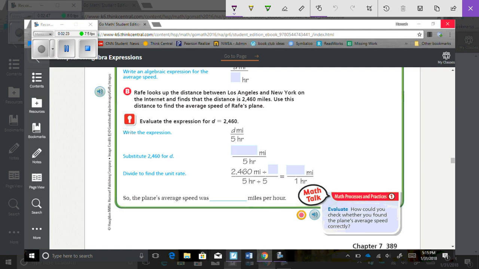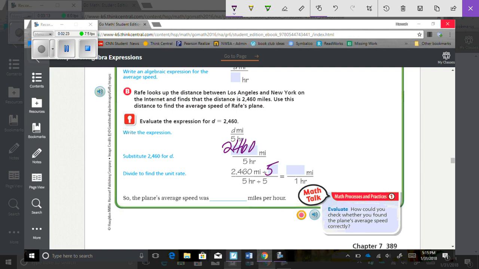So we know now that D equals 2,460 in this particular instance. So write the expression, D miles divided by 5 hours. Now we're going to substitute 2,460 miles for the D. So now we're going to divide to find the unit rate. So we're going to take 2,460 divided by 5.